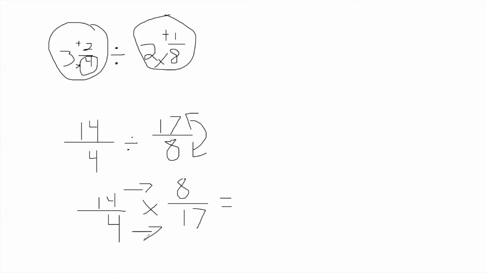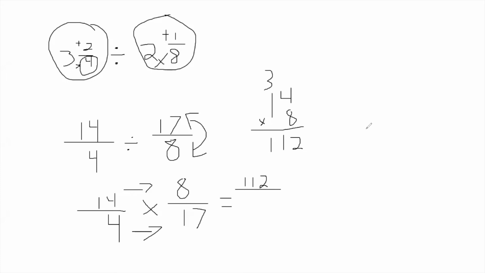So 14 times 8, you're going to have to do that by hand. 8 times 4 is 32. 8 times 1 is 8, plus 3, that's 8, 9, 10, 11. So 112 will be at the top.